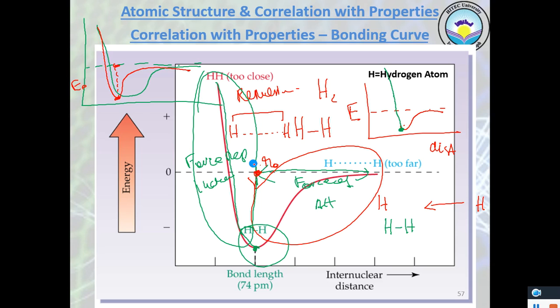Okay, and basically we are always interested to find the bond energy at this point R naught, because it is the point where we can separate ions. So it is the equilibrium separation distance. R naught is the equilibrium separation distance.